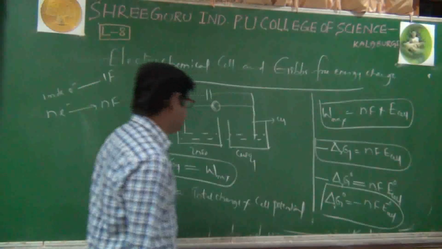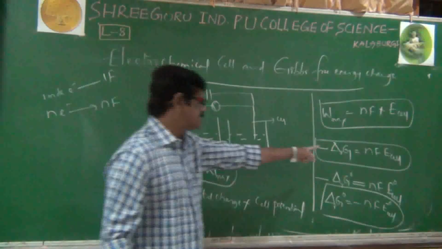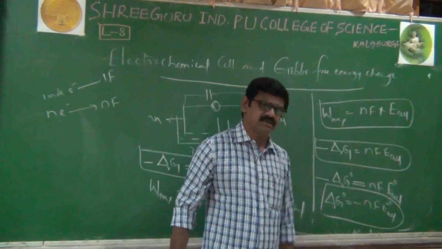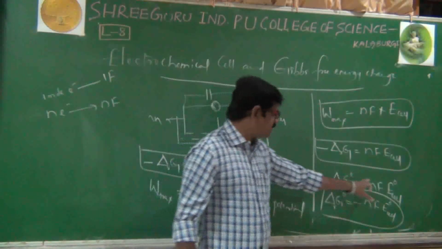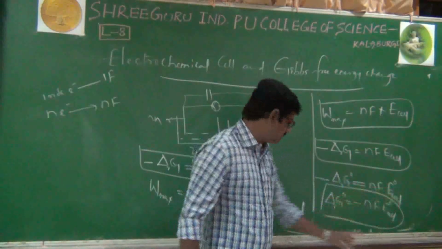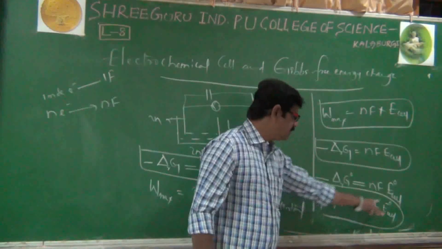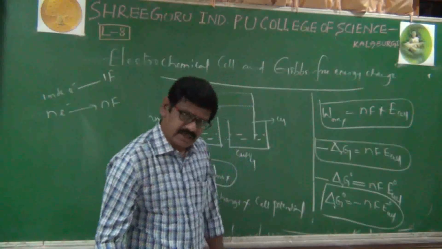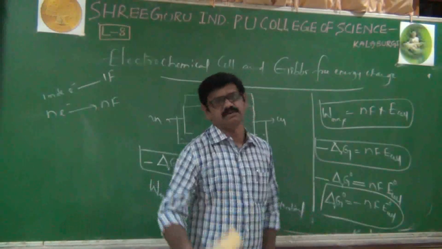That's why instead of W maximum we can substitute the formula. Therefore, minus delta G equals nF E cell. And if you maintain standard conditions, minus delta G naught equals nF E naught cell, or if you shift the minus sign to the right side, delta G naught is equal to minus nF E naught cell. Now again, based on this formula, we have to solve some questions.